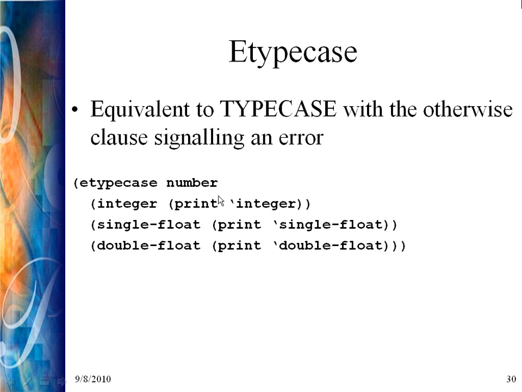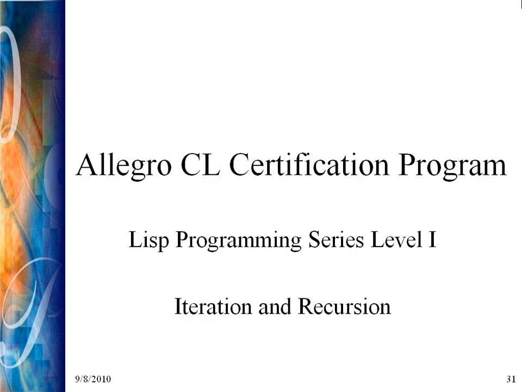Now we get to iteration and recursion, and we're going to spend most of the rest of the time on this, and then a short bit on program control, and then an introduction to packages. So, iteration means you want to do things a number of times.